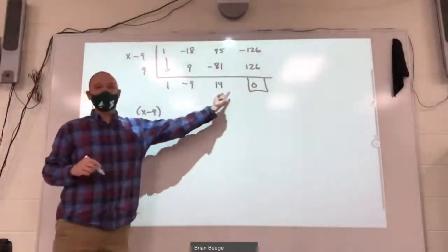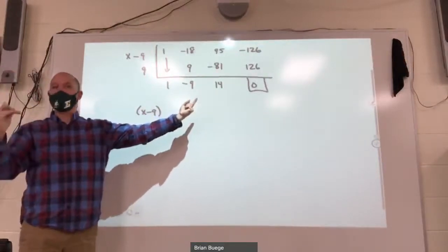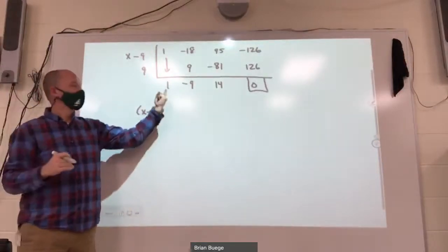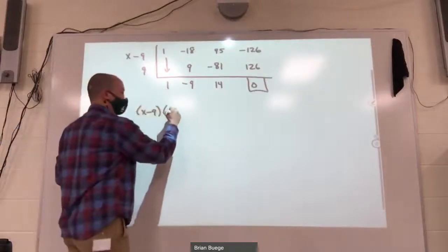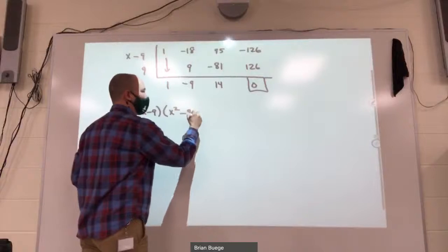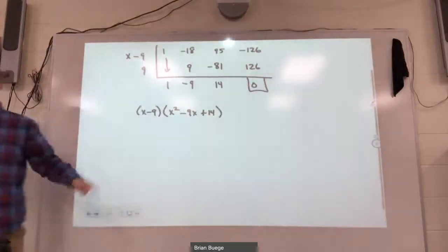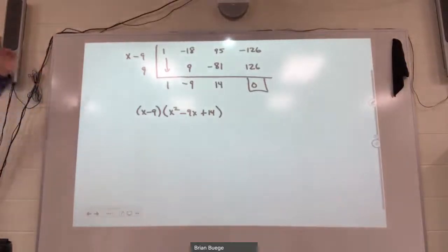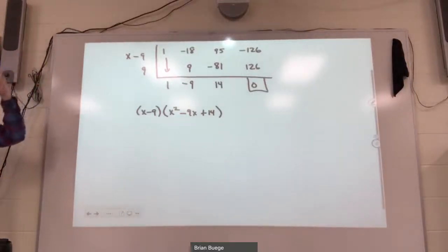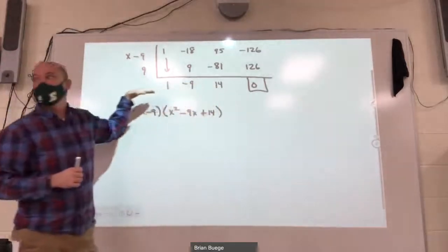These numbers down here are the coefficients of 1 degree less than what you started with. So this is 1x squared minus 9x plus 14. Since I started with a cubic function, every time you do synthetic division, it drops it down a degree. That's what these numbers represent down here.